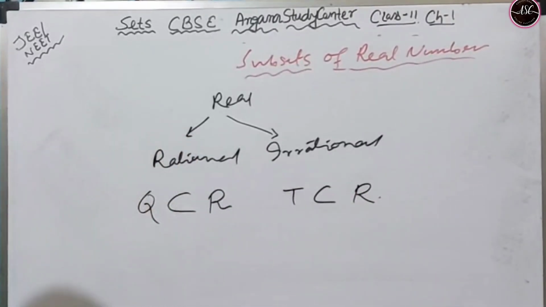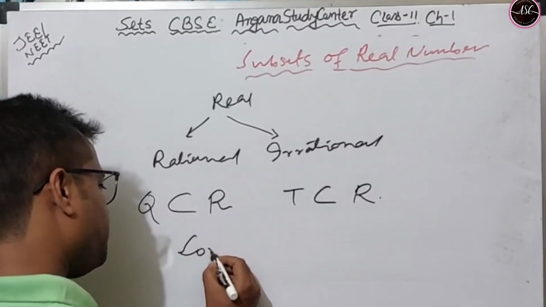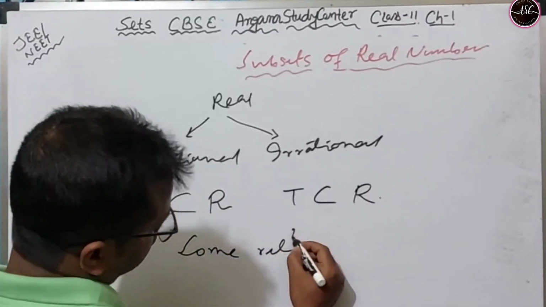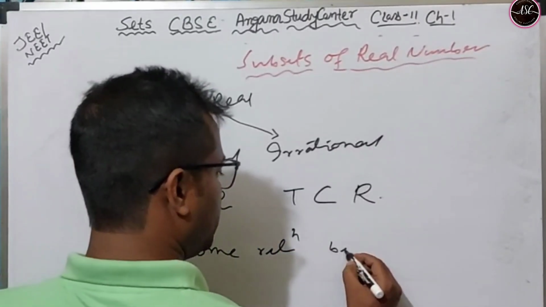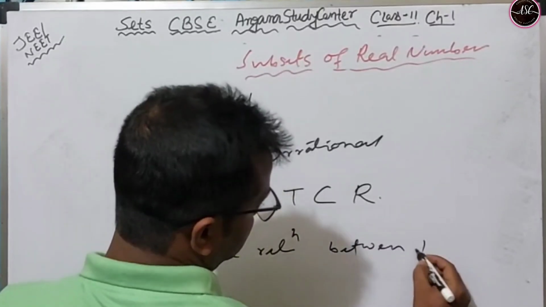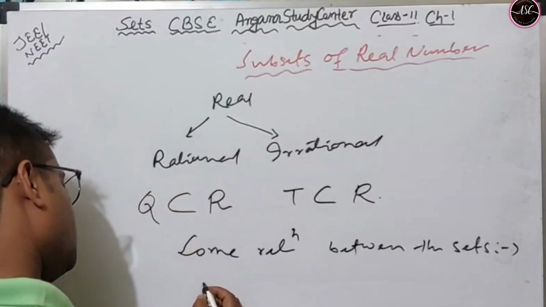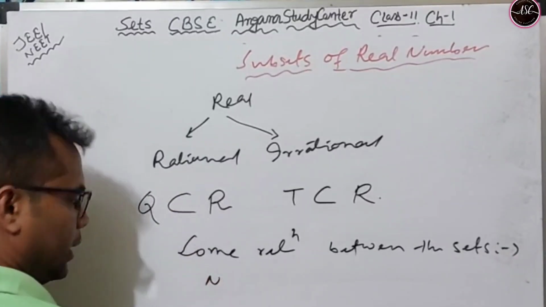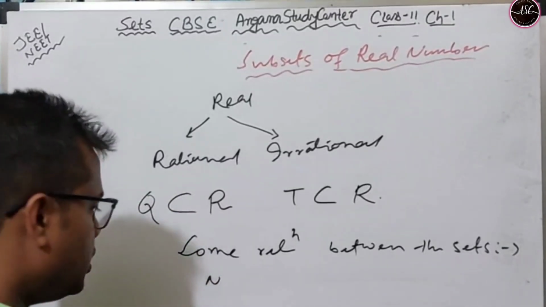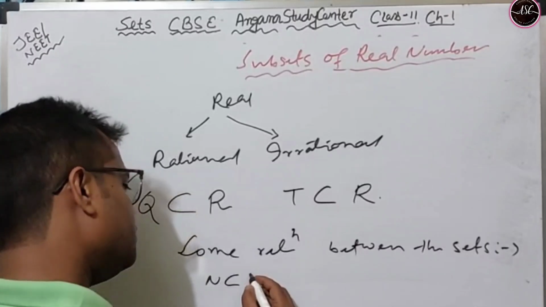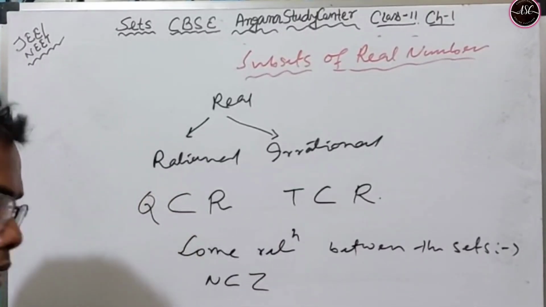Now some relations between the sets. This is most important. We know N, the set of all natural numbers, is a subset of Z, the set of all integers.